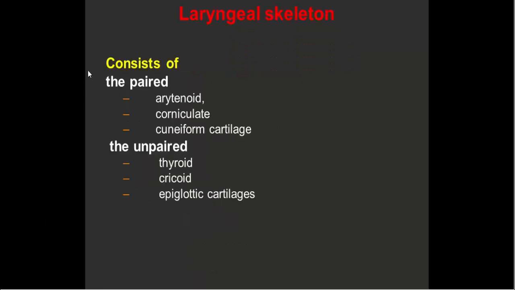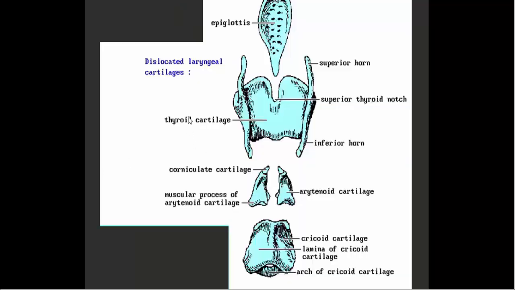The laryngeal skeleton is divided into paired and unpaired cartilage. Paired like arytenoid, corniculate, cuneiform, and unpaired thyroid, cricoid, epiglottic cartilage. This is the epiglottis, this is the thyroid, arytenoid, and this is the paired, and this is the cricoid cartilage.